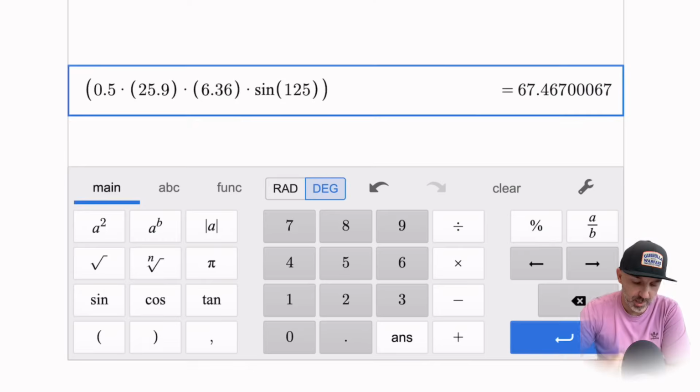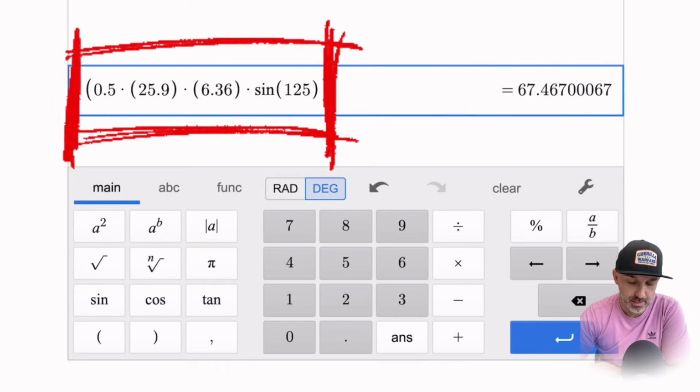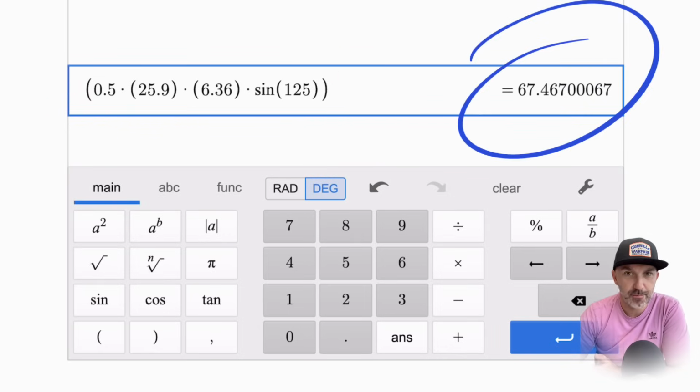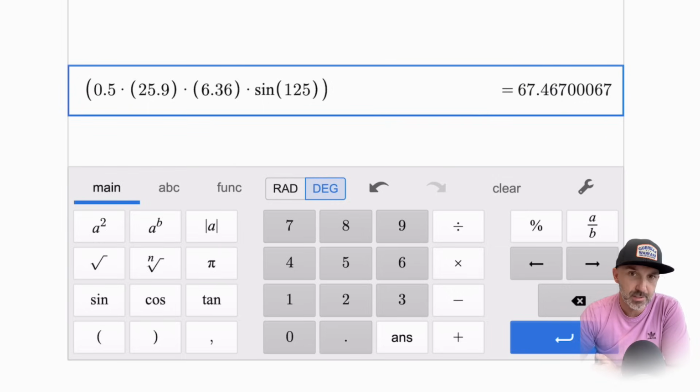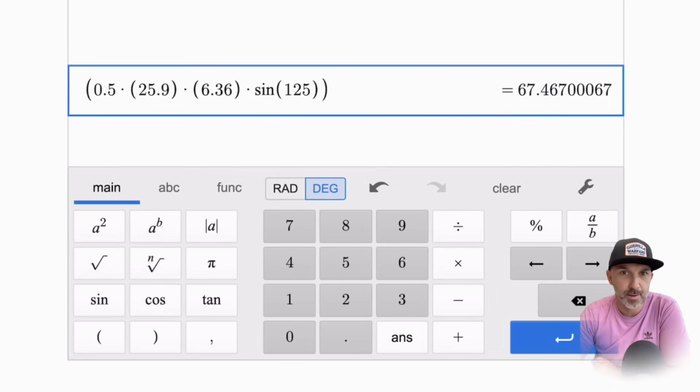We've got a half times 25.9 times 6.36, which are the two sides, and the angle in between those was 125. Press enter and you get 67.5, rounded to three significant figures. There are no units stated in the question, so you would just write units squared as it's an area. Don't forget that, because you could get marked down for that.